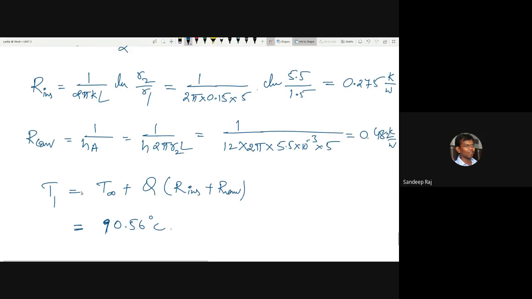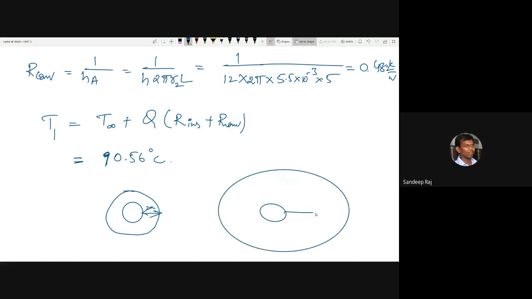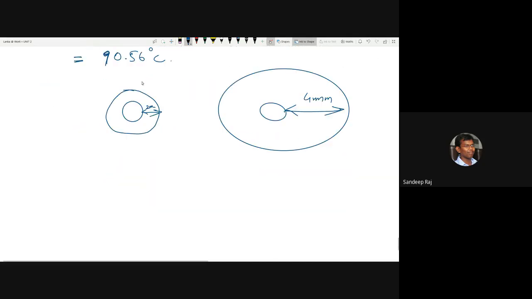Now, see, if the thickness is small like this, the thickness is 2 mm. Here, the thickness has increased this much, and it is 4 mm. So here you have a temperature T1.